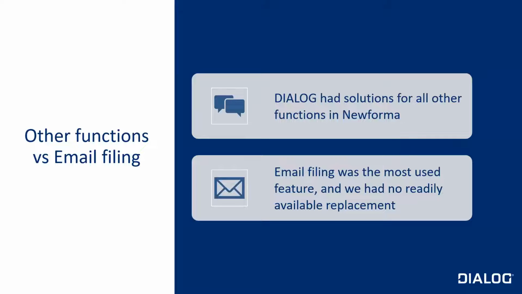We already knew we had hundreds of thousands of emails filed through Newforma already into our projects, but now how do we deal with that? How do we work with that? And how do we get past the challenge of being able to pull that information back? We knew we were fine on the other functions, and we didn't have to pay a premium with our other existing systems. A lot of companies are moving to much more collaborative ways of working.